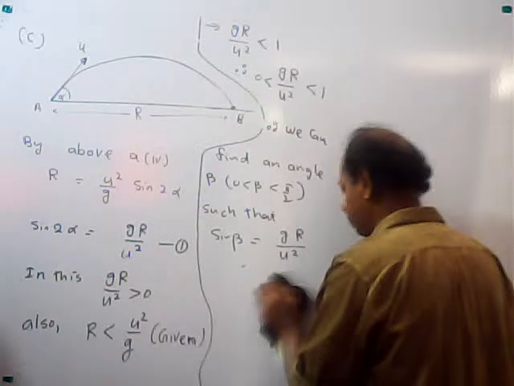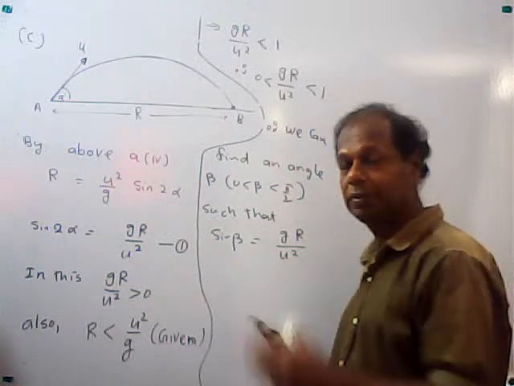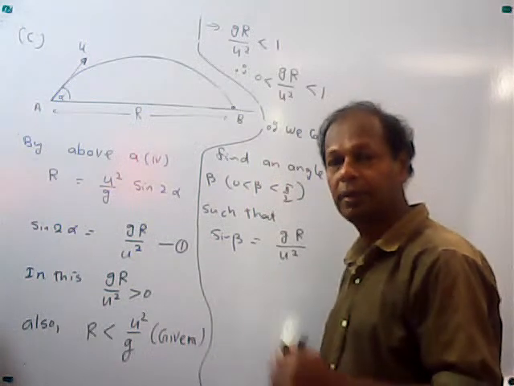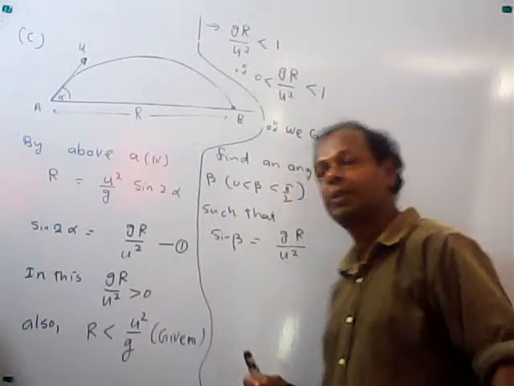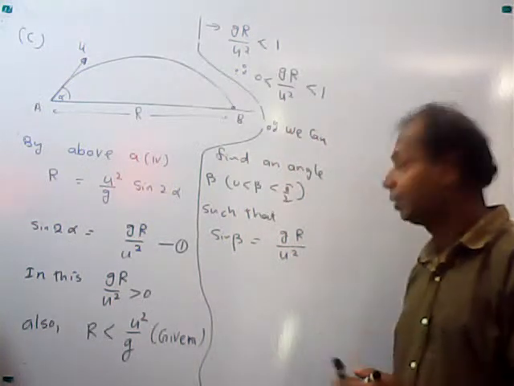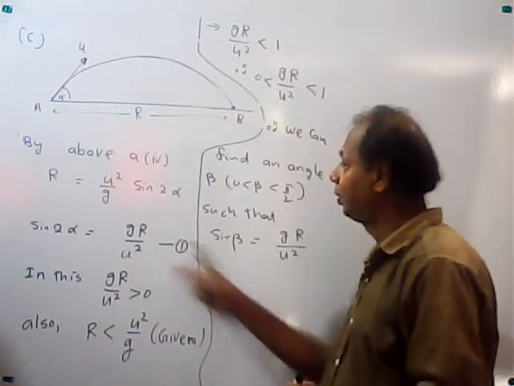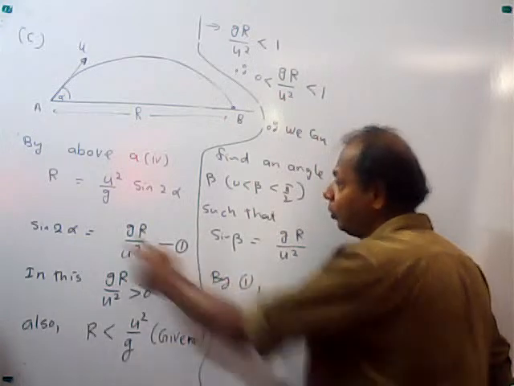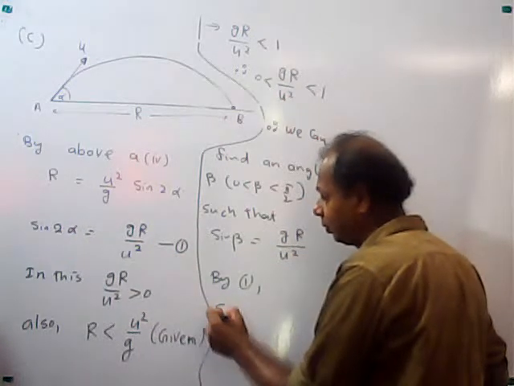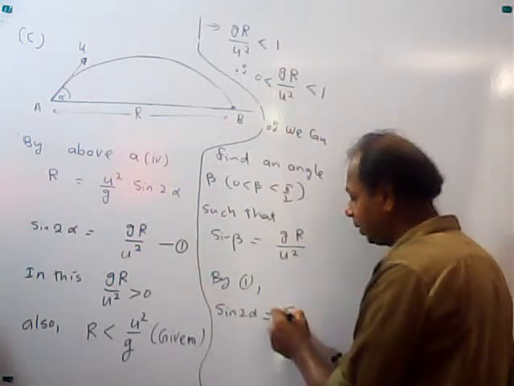Now by 1. Again, remember we are in applied maths, not in pure maths. More practicable things under the practical conditions, practical limitations, not theoretically as in pure maths. So by 1, you get sine 2 alpha equals, we are going to replace this by sine beta.